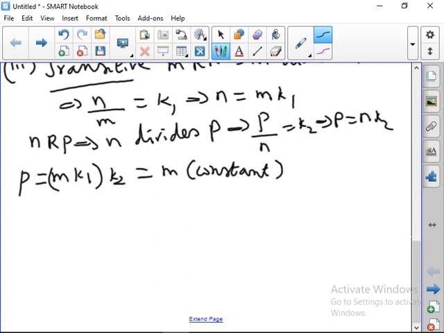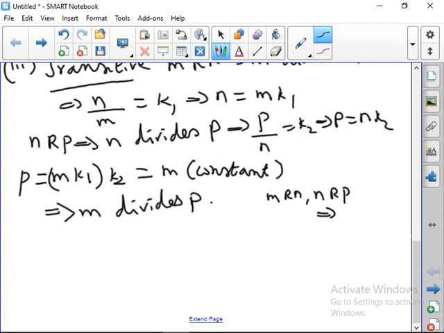So, it tells us that m divides p. What have we proved? m related to n, n related to p implies m related to p. Yes, this we have proved.